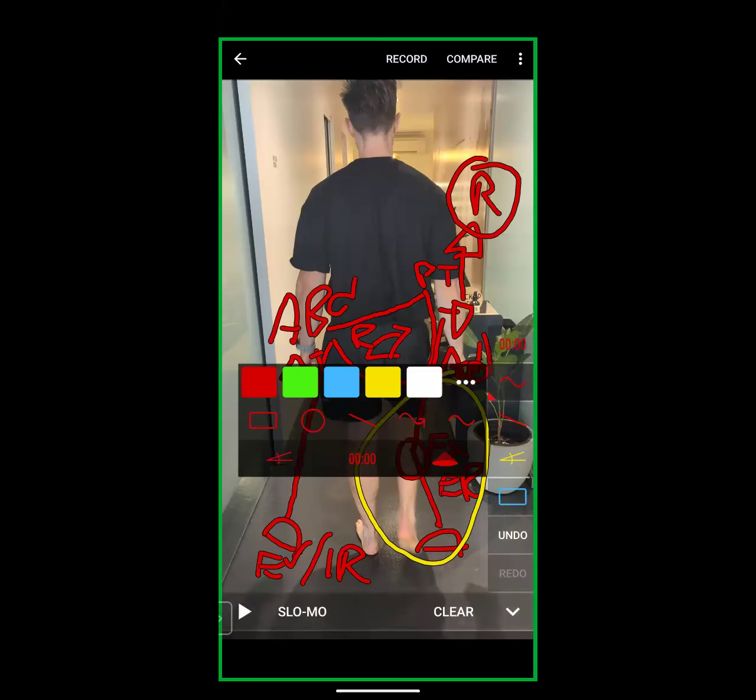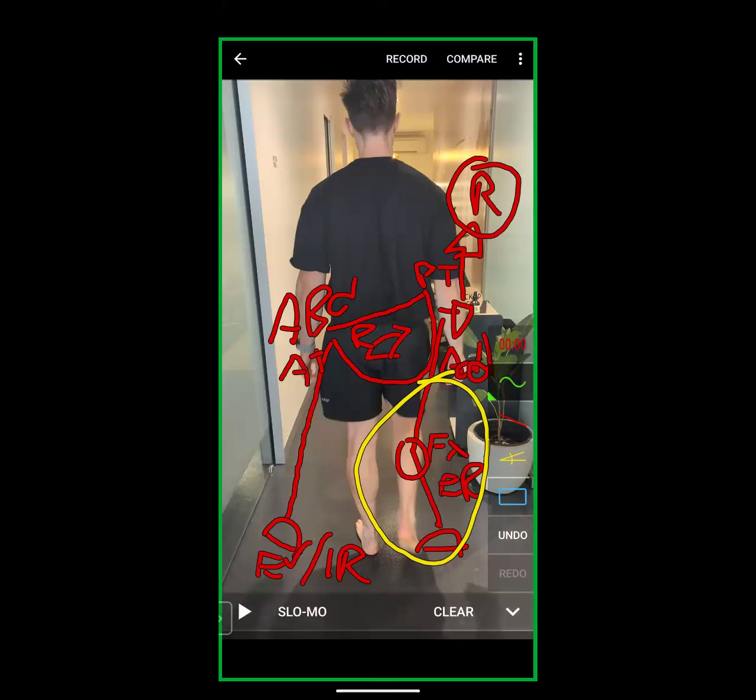So what that looked like was, from the front view, he seemed to be higher on the right side and lower on the left side, but from the back view, he was lower on the right side and higher on the left. So that ilium on the right, the PSIS looks dropped, but the ASIS looked hiked.